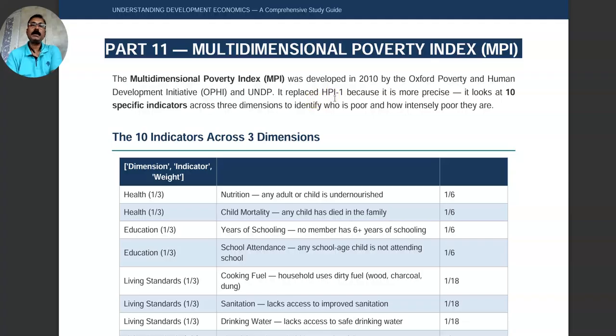It replaced the Human Poverty Index 1 because it is more precise and it looks at 10 specific indicators across 3 dimensions to identify who is poor and how intensely poor they are.